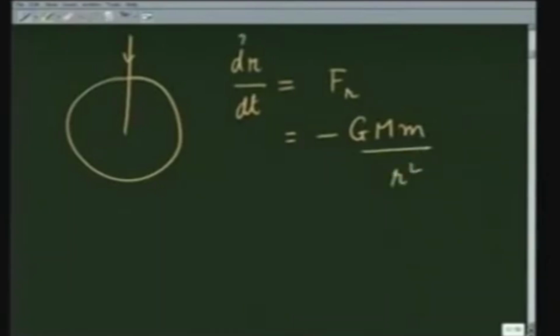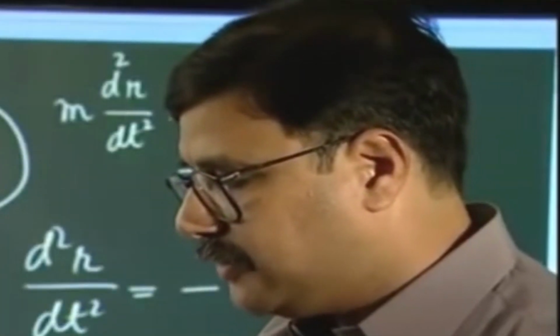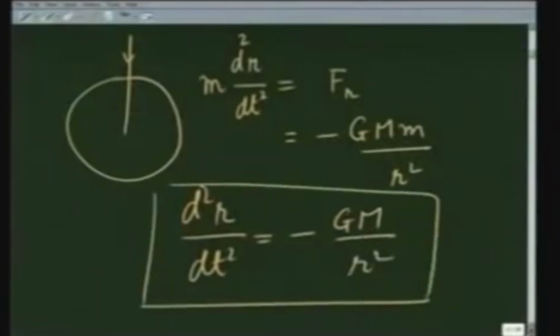And therefore, I have d2r over dt square equal to minus GM over r square. This equation is very difficult to integrate with respect to time.